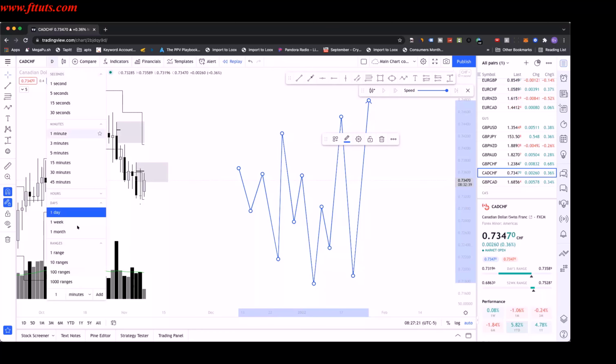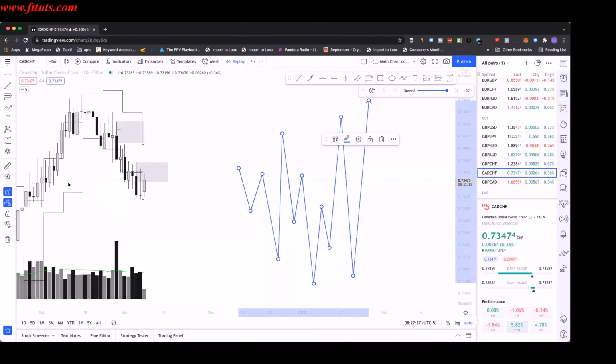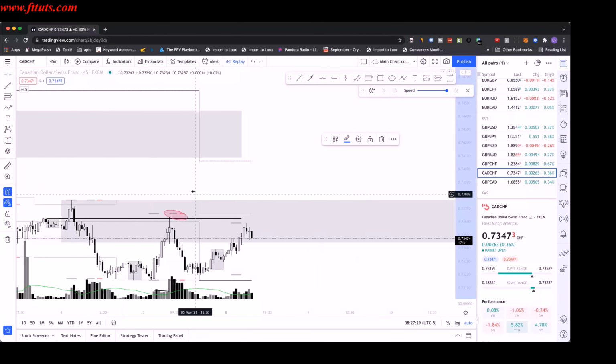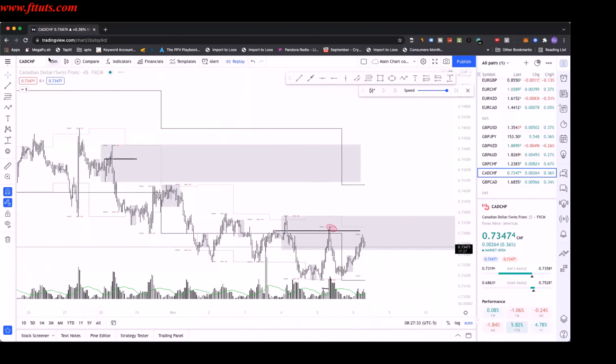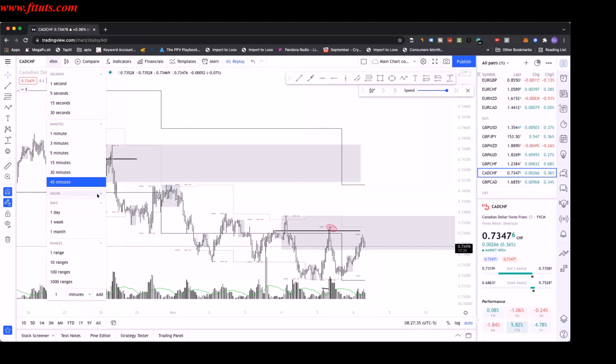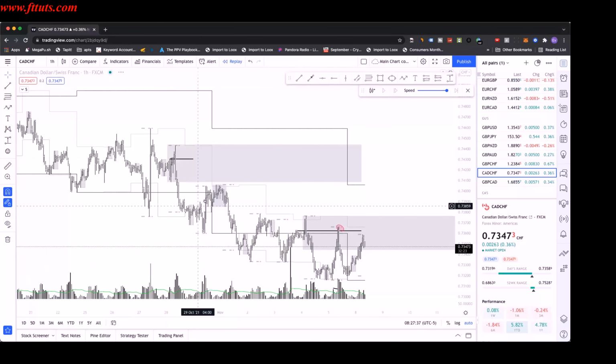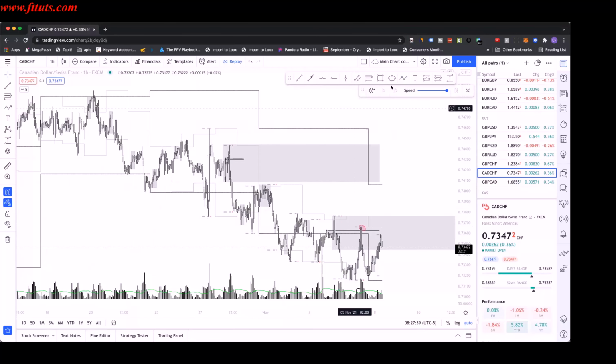So if we look at volume profile real quick, there's my 1 hour chart. Oh, I gotta reset up my charts. Anyways, 45-minute. I'm trying to find our week. There it is. Okay, so I always use POC.